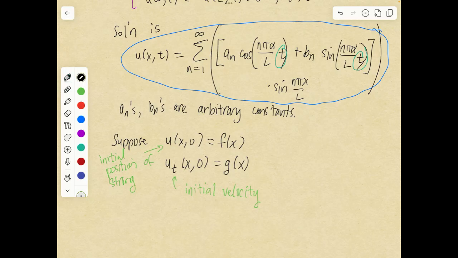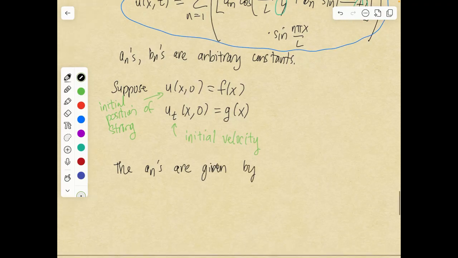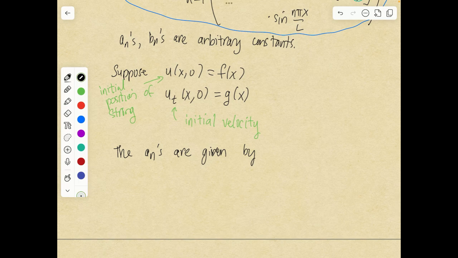So this first equation is going to tell you that the a_n's are given by f of x, which you specify, is equal to the sum from n equals 1 to infinity a sub n sine of n pi x over L.